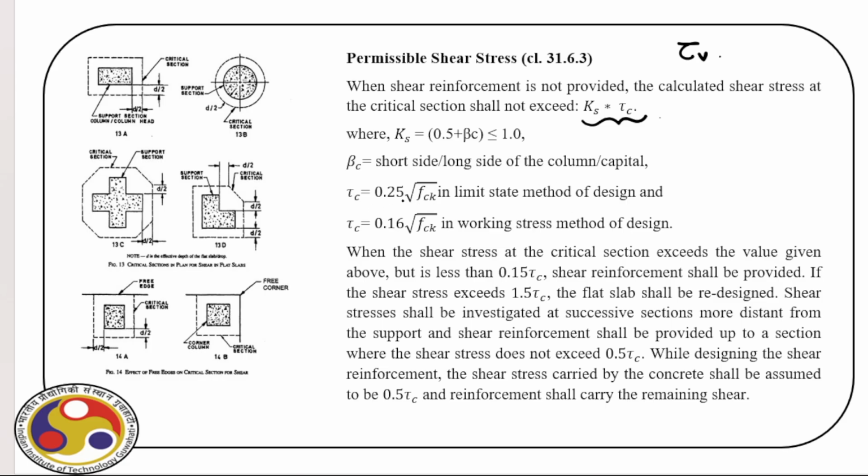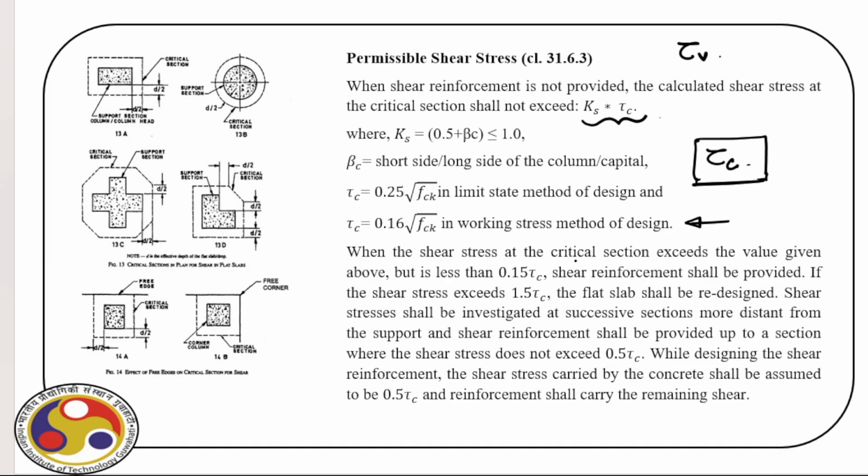Then tau C is 0.25 square root of fck in the limit state method of design, and tau C is equal to 0.16 square root of fck in the working stress method of design. So we have to find out the tau C for that critical section, and if the tau V is less than this, then we don't need to provide any shear reinforcement, and we'll design accordingly so that we don't need to provide any additional reinforcement, right?